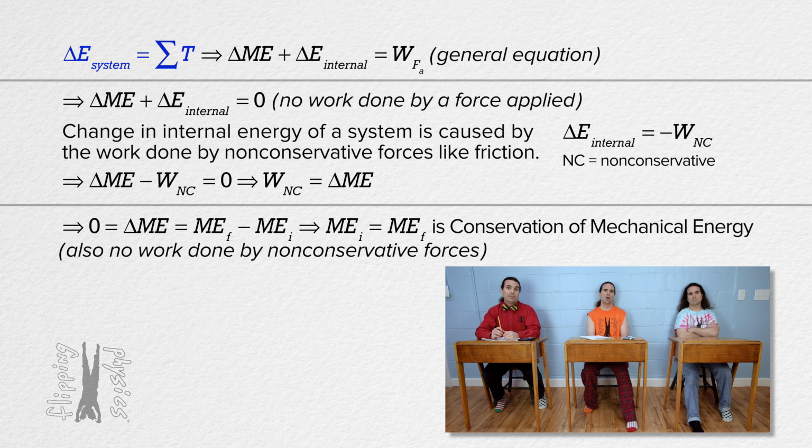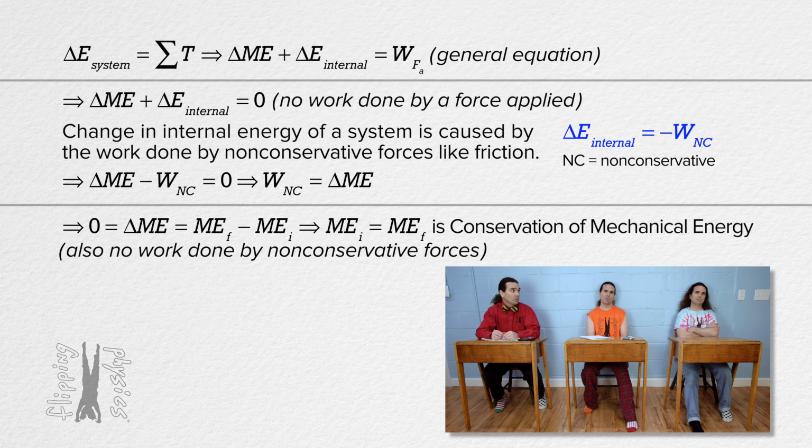Okay. Well, the work done by non-conservative forces on a system converts mechanical energy into internal energy of the system. In other words, the change in internal energy of a system equals the negative of the work done by non-conservative forces on the system.